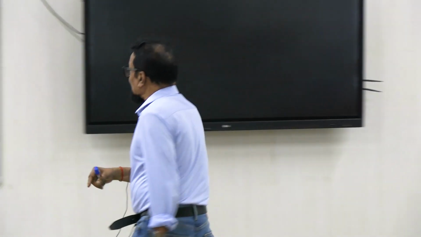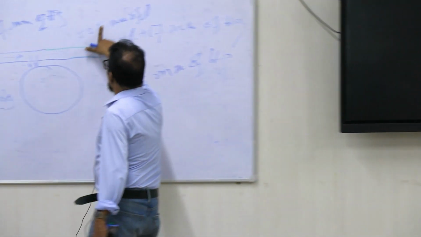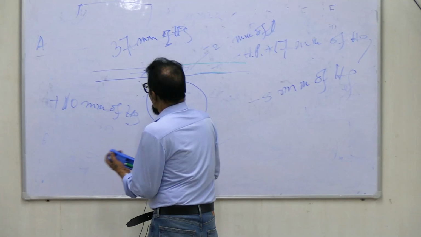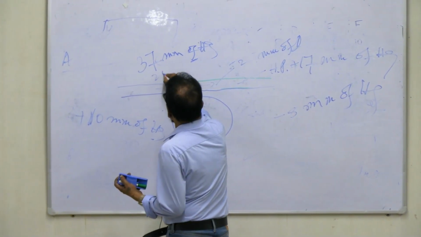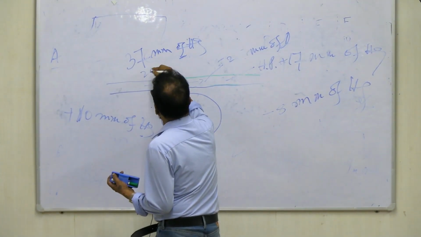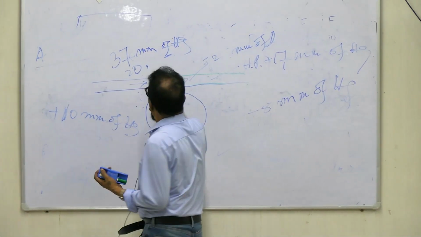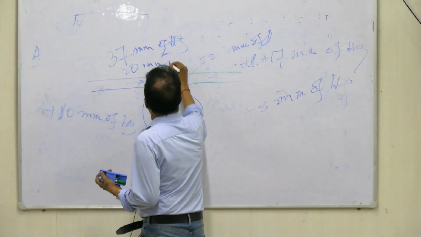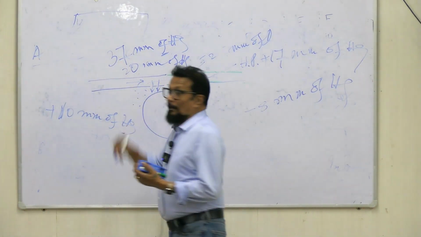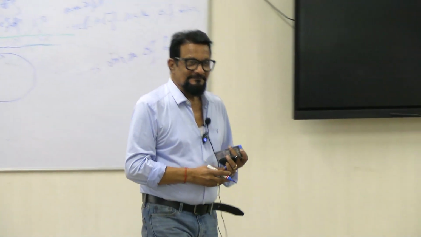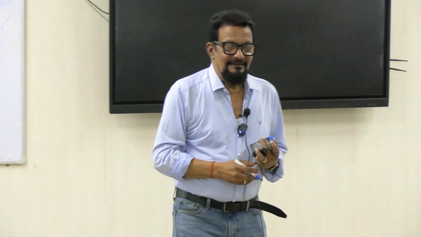So, under this condition, my osmotic pressure came down to 20. Instead of 25, it came down to 20 millimeter of Hg. Now, what is the difference? 17. More filtration will be there. A lot of fluid will be coming. And here what will happen?